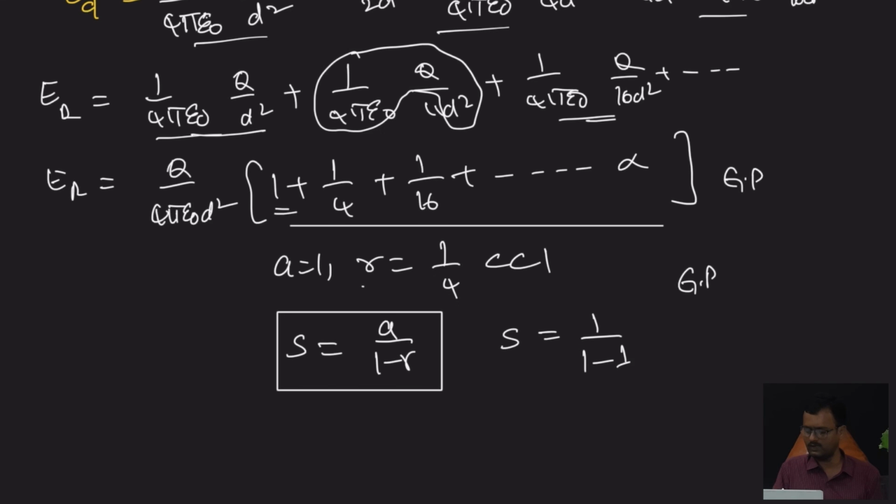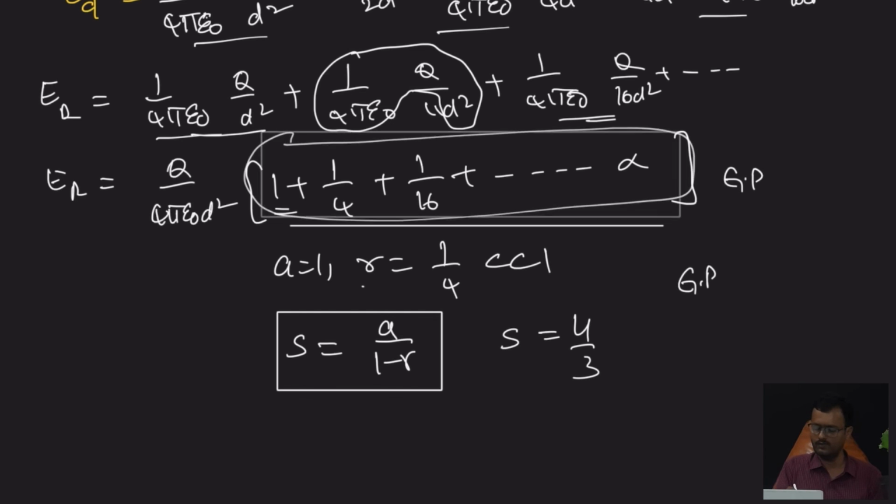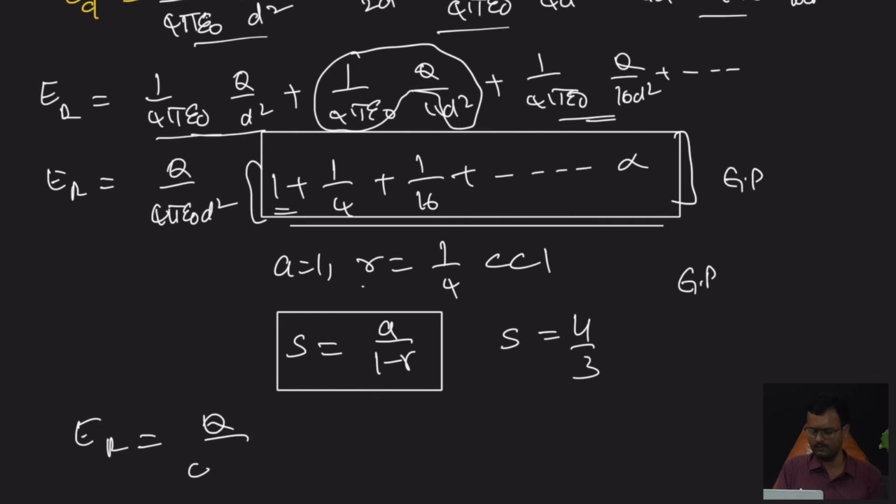What is R? 1 by 4. 1 minus 1 by 4 is 4 minus 1, 3 by 4. 1 by 3 by 4 is 4 by 3. So E resultant is equal to Q by 4 pi epsilon naught d square into 4 by 3. 4 cancels. Then we get Q by 3 pi epsilon naught d square. So this is the answer.